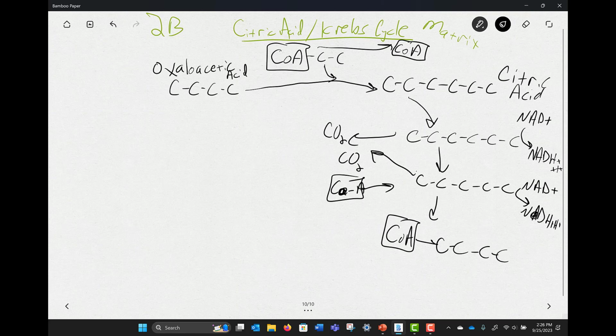We are left with a 4-carbon compound with coenzyme A attached. This is called succinyl-CoA. You do not need to know that.